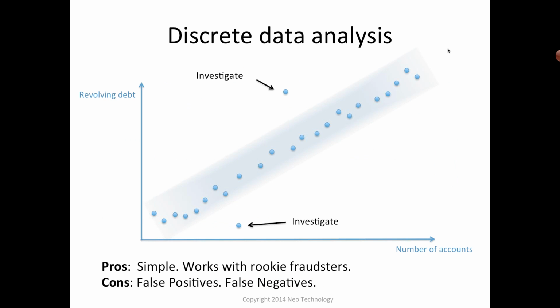So looking at this discrete data analysis, the way it works is that you observe over time, and big data technologies are often using this, what is called accepted behavior or normal behavior, and you establish patterns of normal behaviors. So for example, in here, the more accounts you have, the higher your revolving debt.